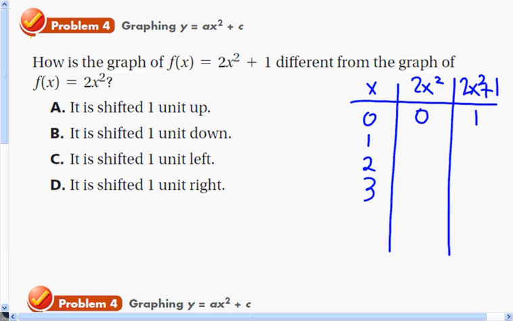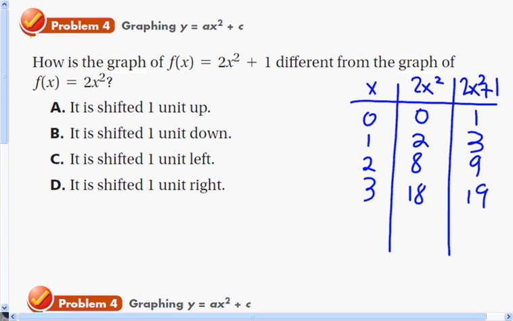If x is 1, 1 squared is 1 times 2 is 2, and then add 1 to that. So here we would get 8 and 9 and 18 and 19.